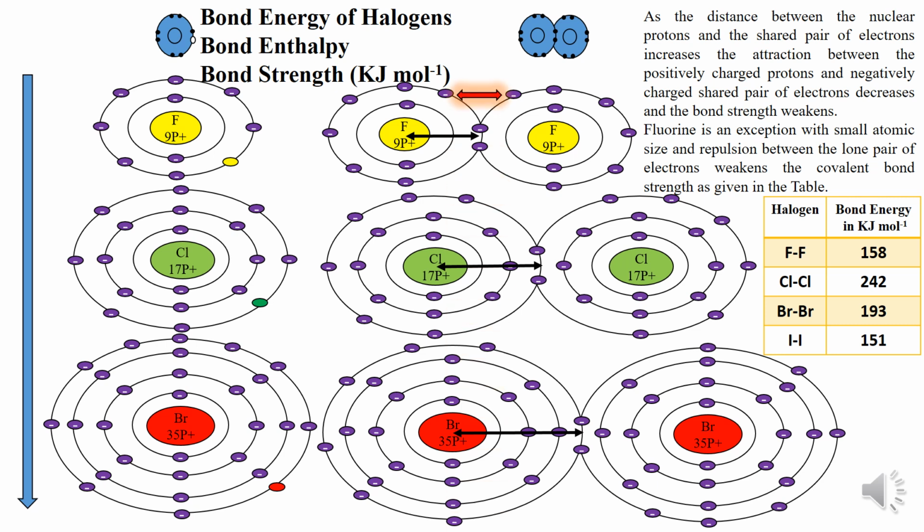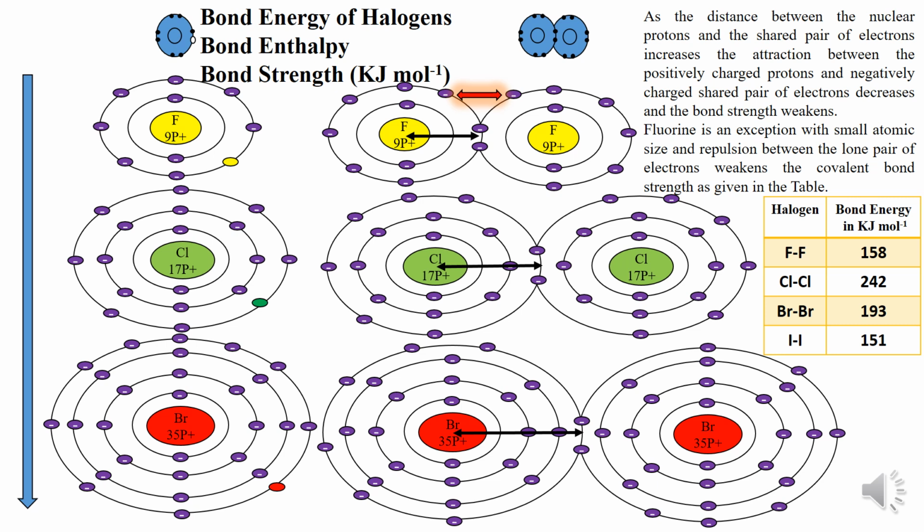The reason behind this is repulsion between the lone pairs of electrons in the outermost shell. Now there are two types of valence electrons.